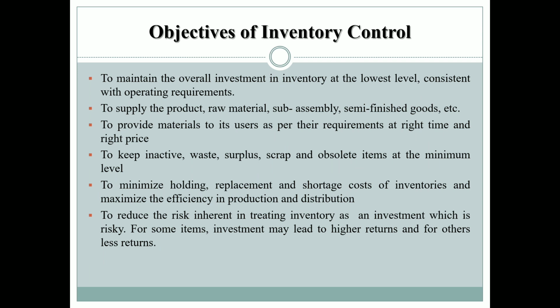So objectives of inventory control are to maintain the overall investment in inventory at the lowest level, consistent with the operating requirement, to supply the product, raw material, sub-assembly, semi-finished goods, etc., and to provide materials to its users as per their requirement at right time and right price, to keep inactive, waste, surplus, scrap, and obsolete items at the minimum levels, to minimize holding, replacement, and shortage costs of inventories and maximize the efficiency in production and distribution, and to reduce the risk inherent in treating inventory as an investment which is risky.